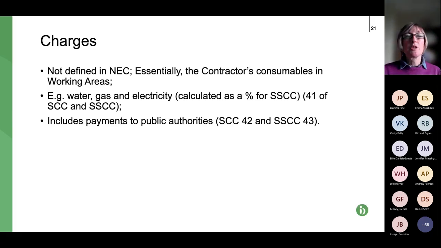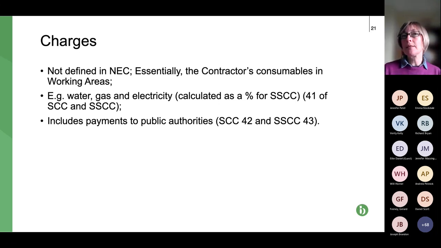So onto these charges, the miscellaneous costs, third-party costs, whatever you want to call them. Now, charges, it's not defined under NEC. It's, as we've said, sort of a mixture. So it's third-party costs, it's consumables, and it's those sort of small equipment costs. So it includes your water, your gas, electricity.